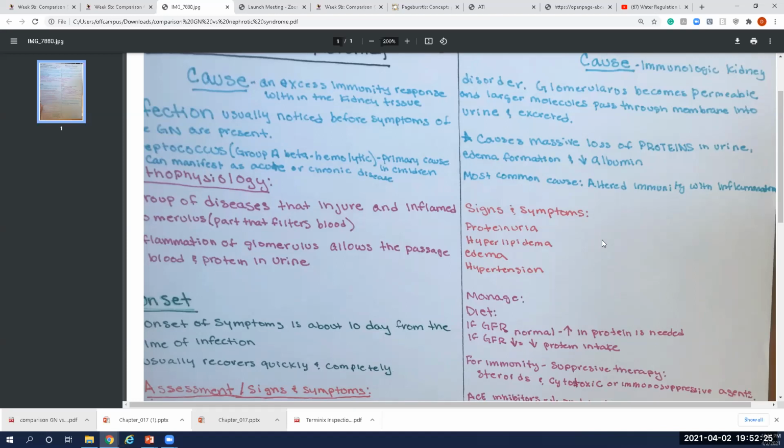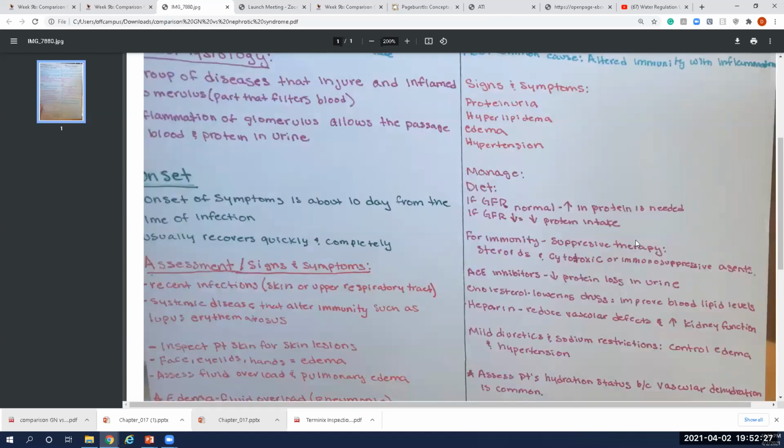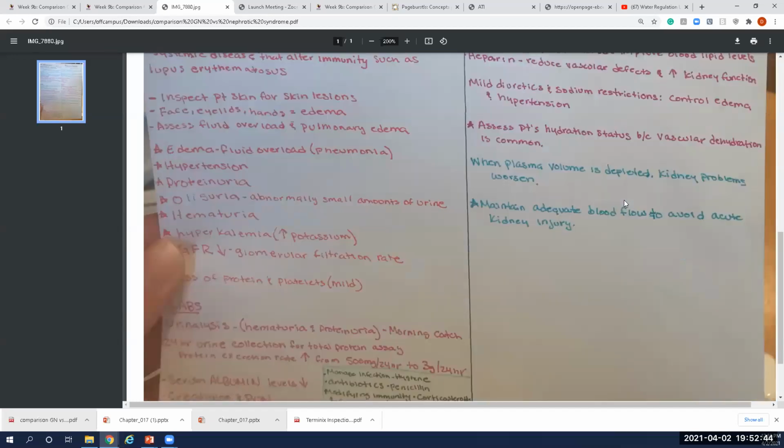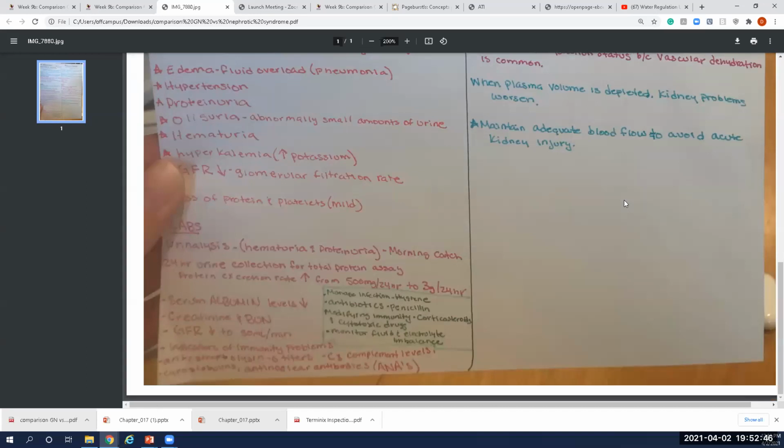Understanding the pathophysiology is going to help you with the different symptoms and the management. Shannon, the way you put yours, doing the similarities and the differences, is good. This is how people did them, guys.